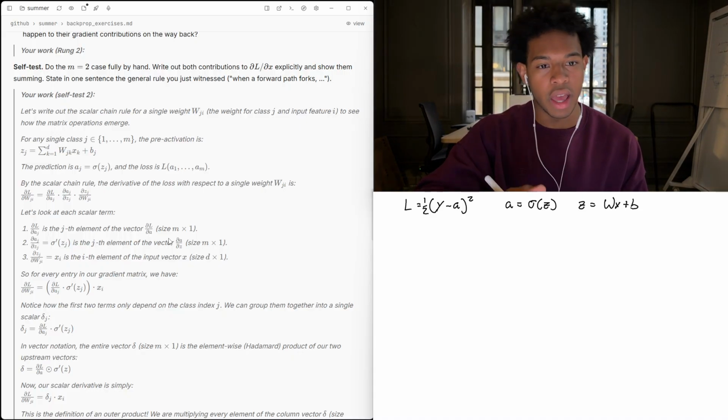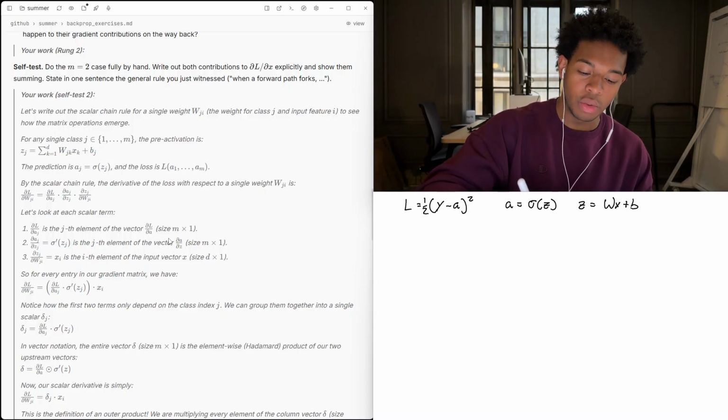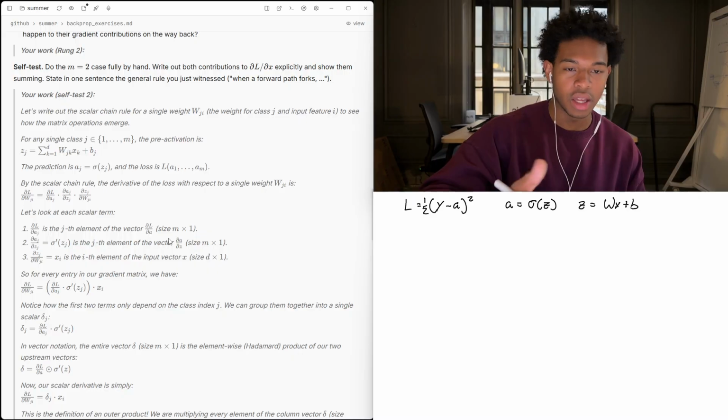So I've sort of been saying that a is the key intermediate variable, but actually we're going to do L with respect to a, with respect to z, z with respect to w, and then chain that.